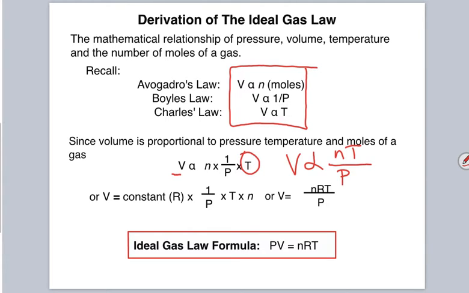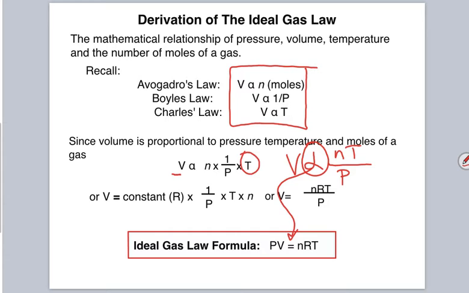But we don't want a proportionality. We want an equal sign. We cannot do calculations with proportionalities. We can only do calculations with equalities. And so to turn that proportional symbol into an equal sign, we have to introduce a constant, right? Now, this constant is not called K. This constant is abbreviated as a capital R because it is the gas constant.